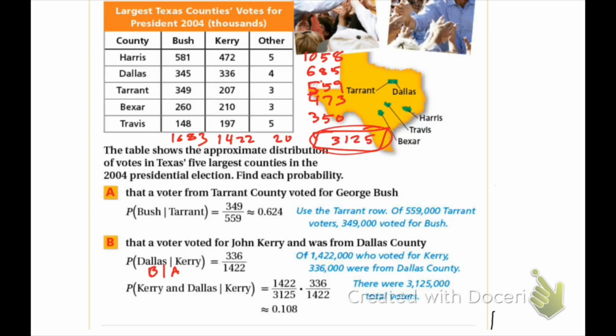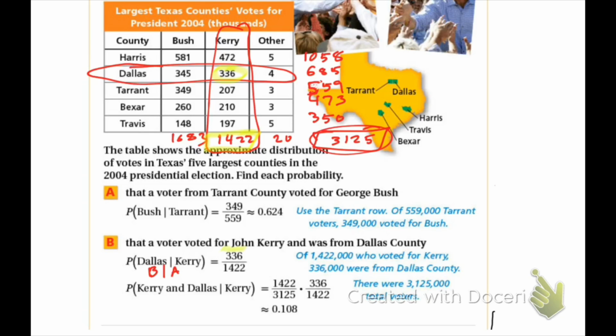To do that, look at that row. We get 336 over 1422.